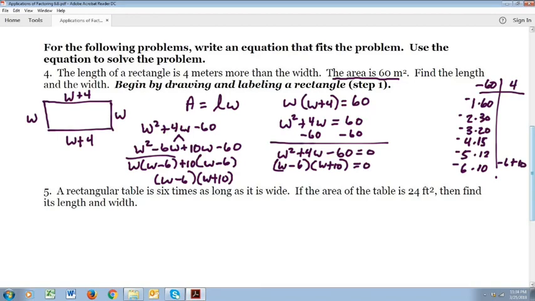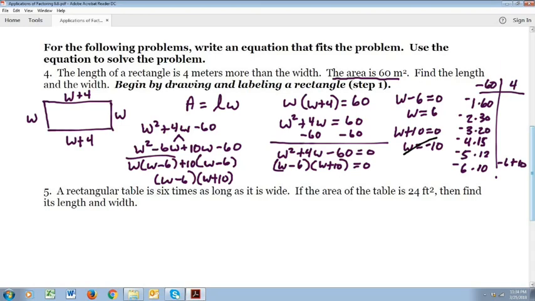And once we have it in factored form, we just set each of our factors equal to 0. We're going to get 6. Notice if we set w plus 10 equal to 0, we're going to get negative 10. Of course, we could never have a width that's negative, so let's go ahead and throw that one out.